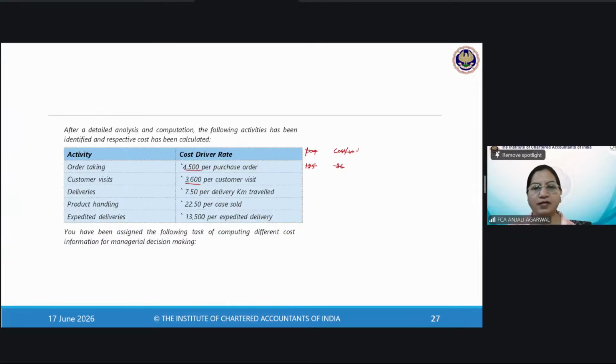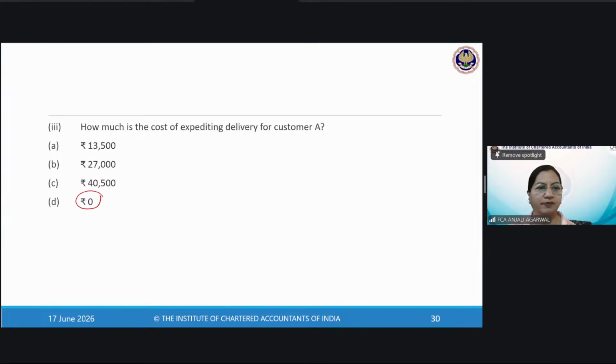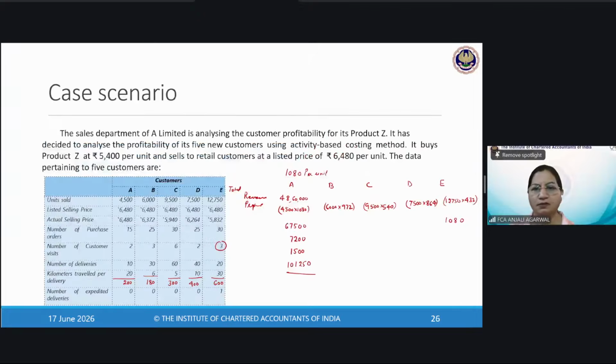So this is how you will calculate for each and every theoretical question. Operating income will be calculated after subtracting from this. When you say operating income here, 48 lakh 60,000, so it's 46 lakh 82,000.